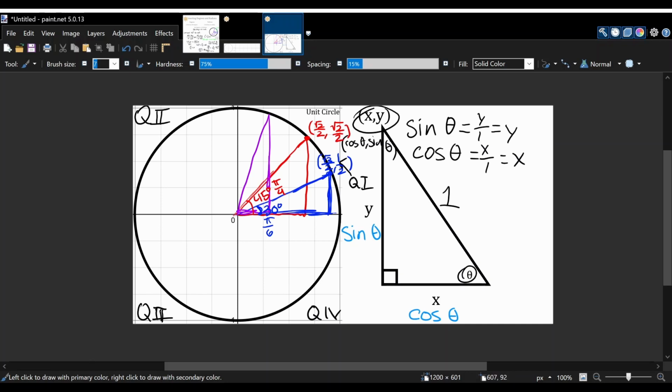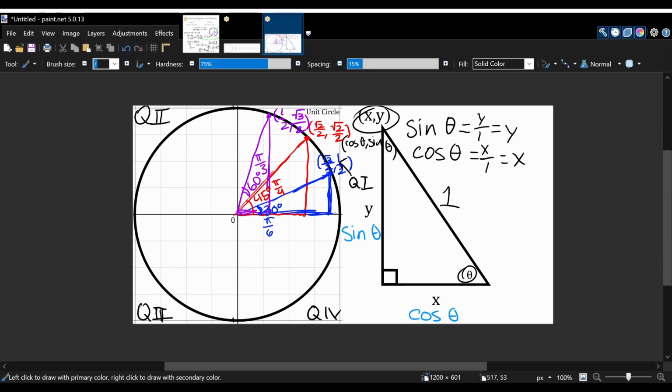And now, the purple one, 60 degrees, which is the same as pi over 3 radians. And this one is actually a flipped version of the 30 degree, and it's 1/2, comma, square root of 3 over 2.